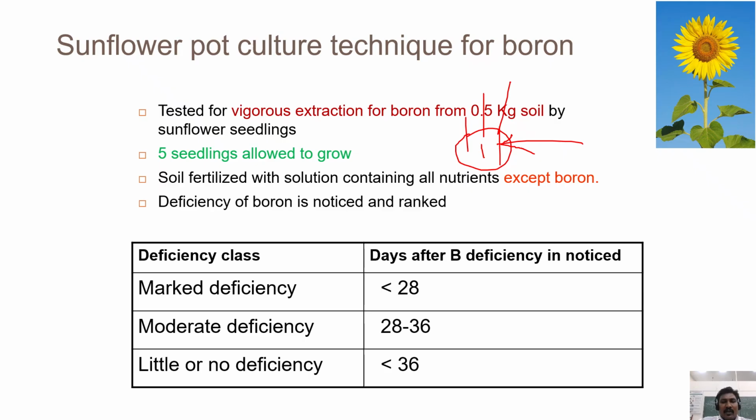Sunflower will vigorously extract the boron present in the soil, using just 0.5 kg of soil. In this 500 gram of soil, if boron deficiency occurs within 25 days, there is definitely a deficiency. If 28 to 36 days, moderate deficiency. If it is more than 36 days, no deficiency of boron is observed.